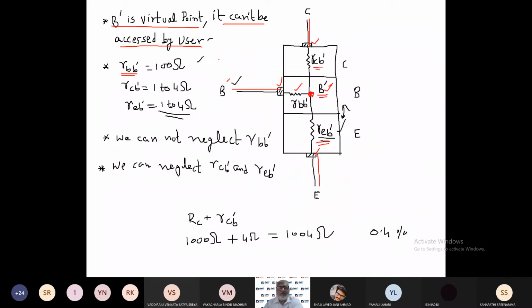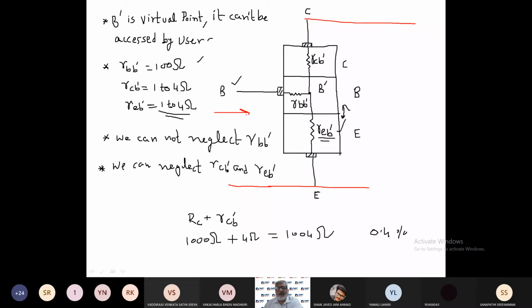You can see this transistor here, right? So this emitter, okay, in this way you visualize. So this is my input section. So here B terminal and this resistance RBB dash, this resistance is there between B terminal and B dash terminal, right?